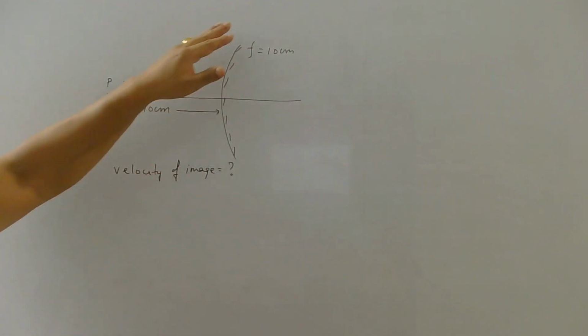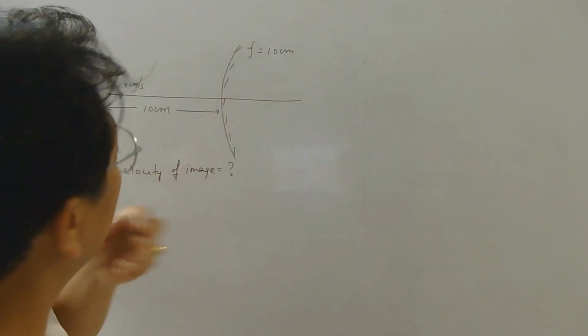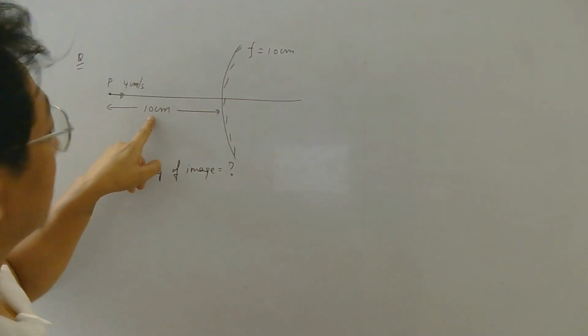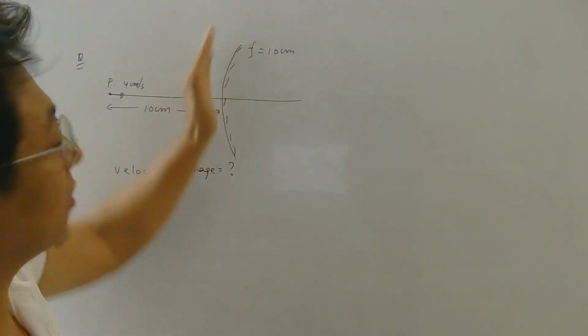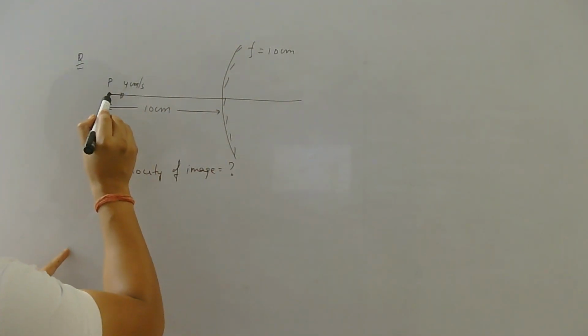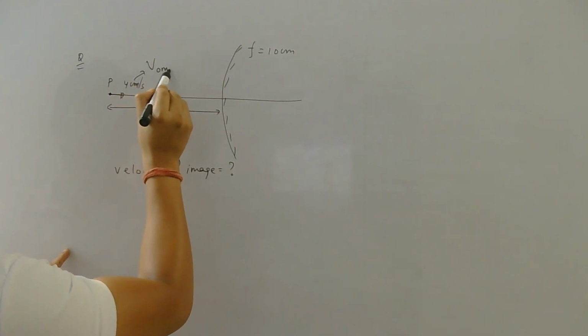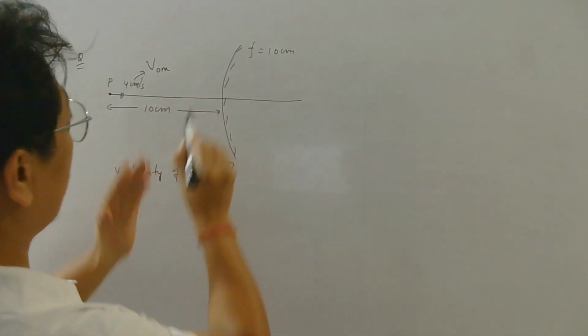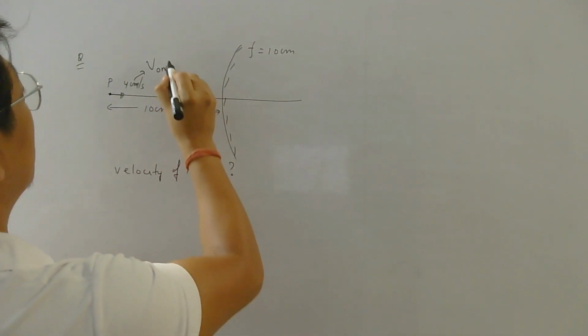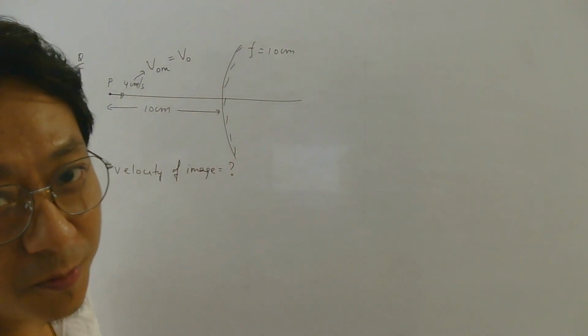Here they have given you a convex mirror of focal length 10 centimeter and the object is at a distance 10 centimeter in front of the mirror. And at this instant it is moving with a velocity. This is the object velocity with respect to the mirror. However, in this problem, the mirror is at rest. So I can write this as just the object velocity with respect to ground.